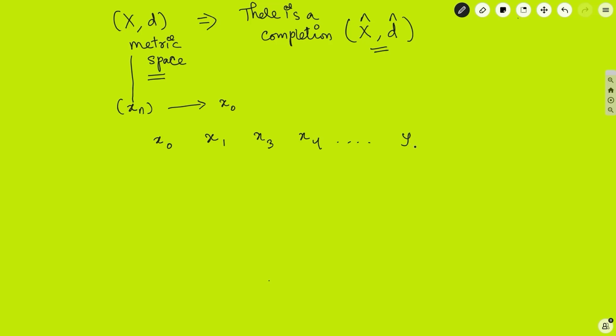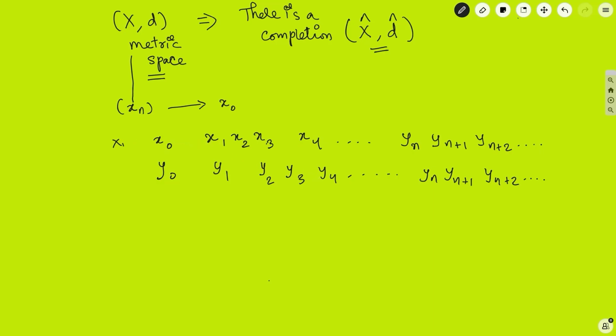For example, let's say y_{n+1}, y_{n+2}. Let's say y0, y1. Okay, I missed a point here. It's x2. This is y2, y3, y4, right? And finally, it's y_{n+1}, y_{n+2}, right? So this can be one such scenario.